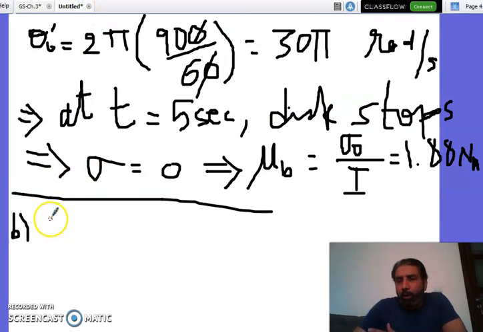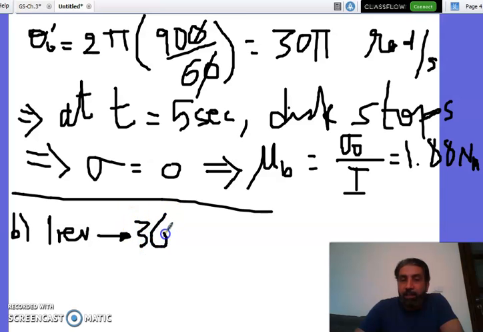To calculate the number of revolutions, we must know the angle. Why? Because each revolution corresponds to an angle. What is the value of the angle? 360 degrees, right? One revolution, 360 degrees, and equal what? 2 pi. In physics, we use the radian. 2 pi radian.